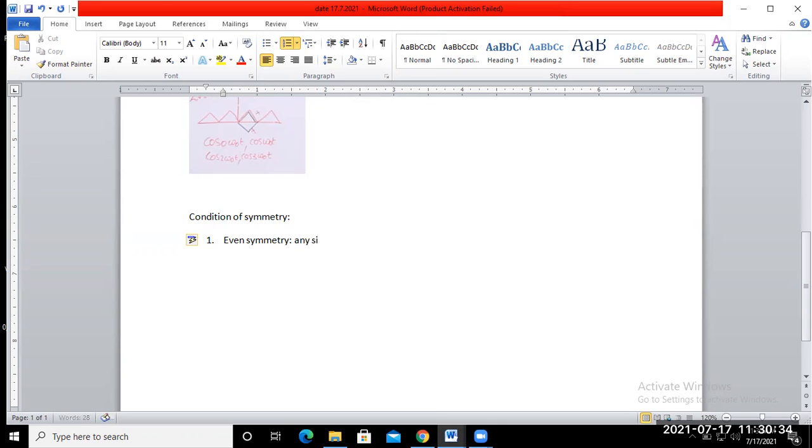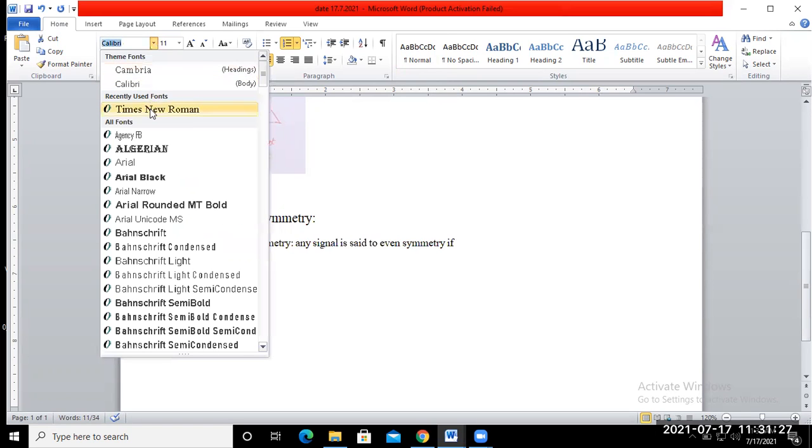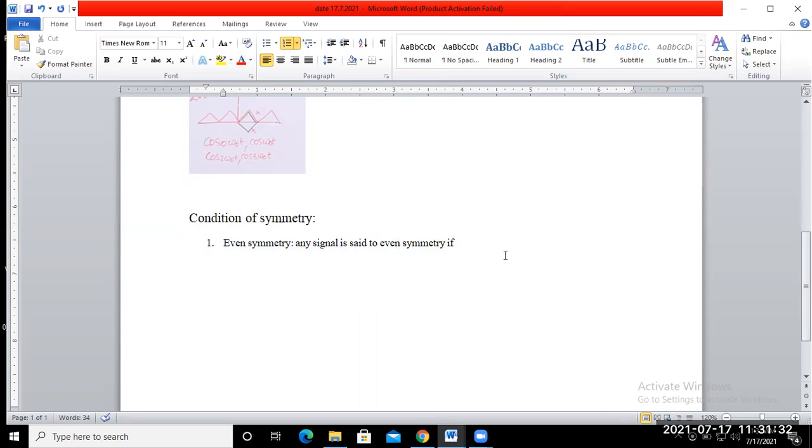Any signal is said to be even symmetry if x(t) equals x(-t).